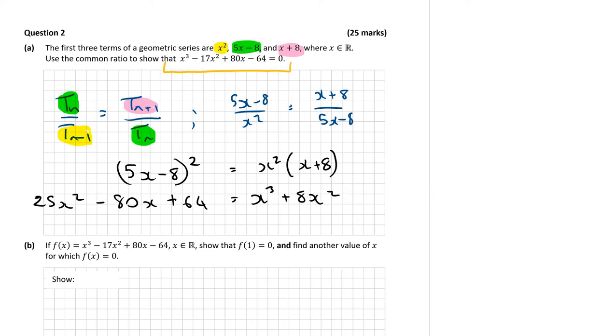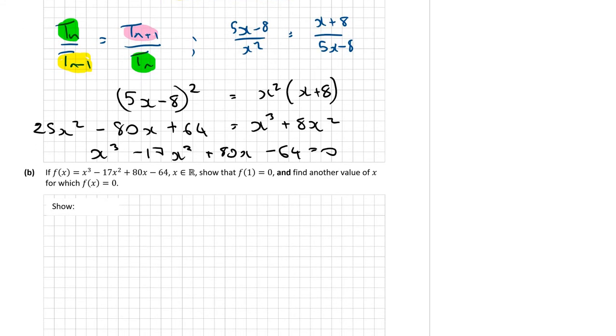So we bring it all over to one side and we're left with x cubed minus 17x squared plus 80x minus 64 is equal to 0. So we've just shown that. Okay, so they brought in a bit of sequences in that question, but if you can cross multiply in the algebra part of it, then you'll be fine.